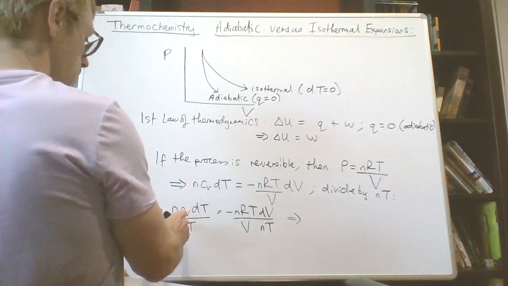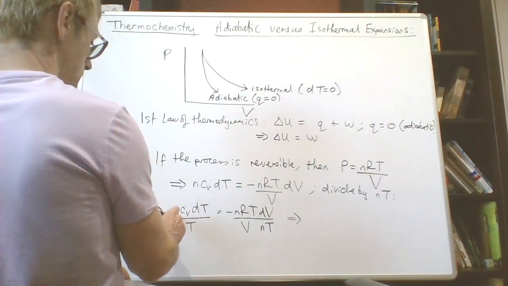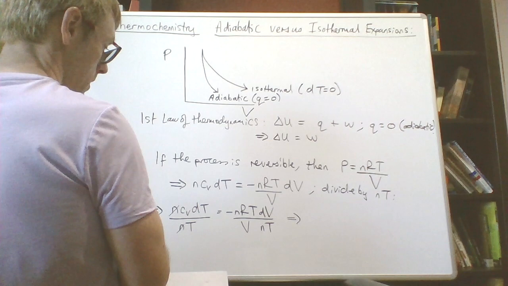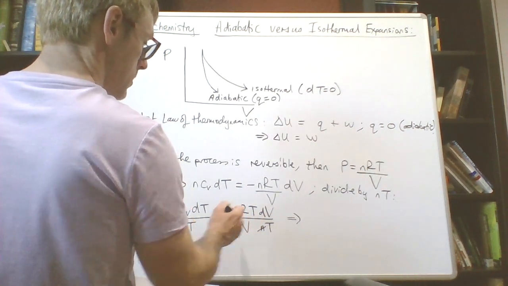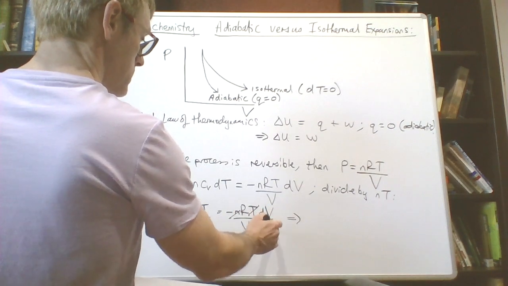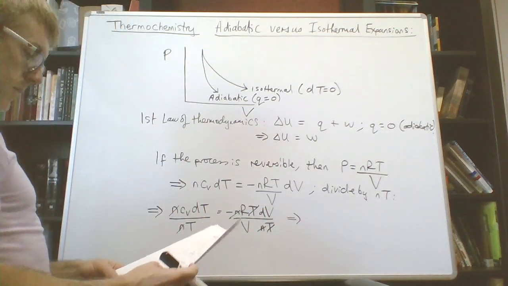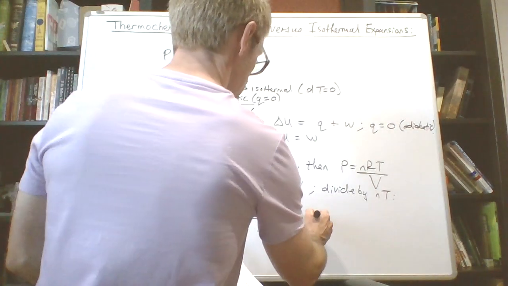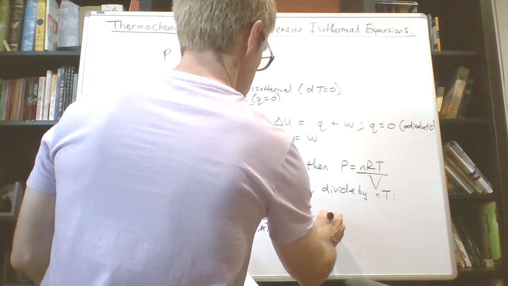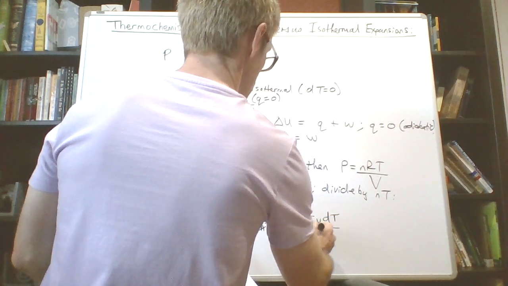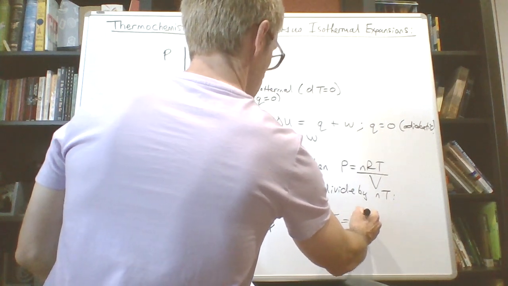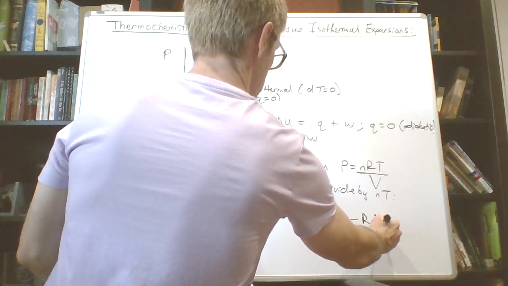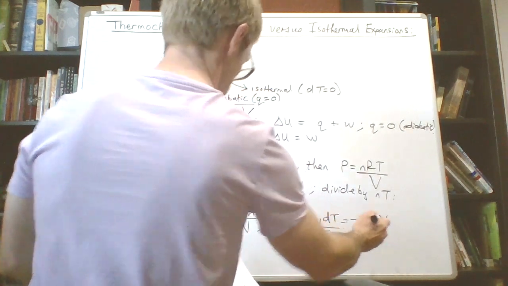And we can see that the n cancels here, and the n cancels here, and the T cancels here. So we're left with Cv dT over T is minus R dV over V.